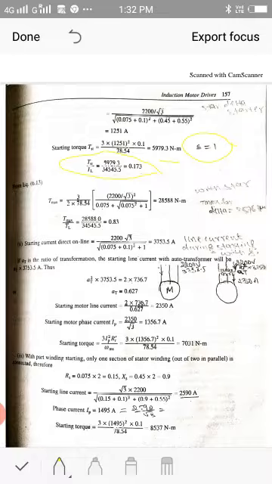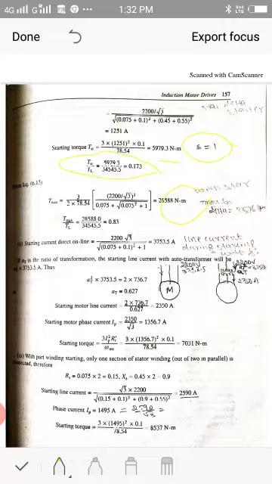So this Tmax equation is given by 3 divided by 2 omega ms, and this is Vp square divided by Rs plus or minus square root of Rs square plus (Rr dash by S) whole square. Okay, so if you substitute these things, it will be equal to 20,8588 Newton meter.